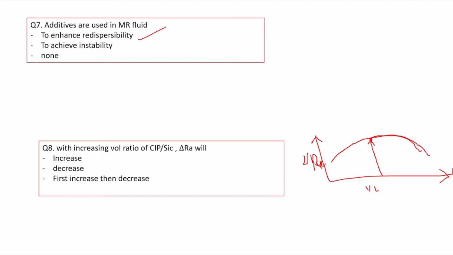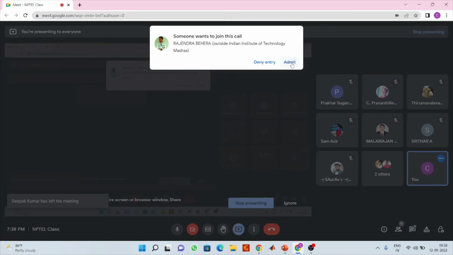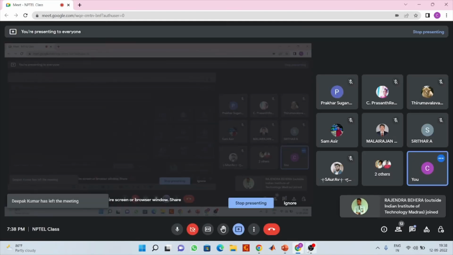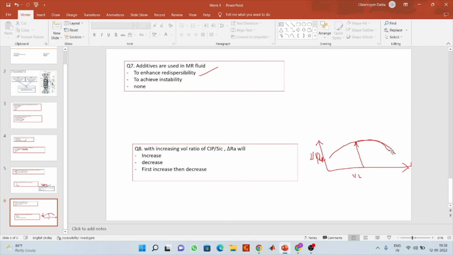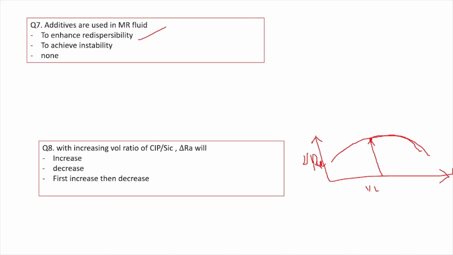So at that time, with increasing volume ratio of CIP by SIC, the roughness value will be decreasing.